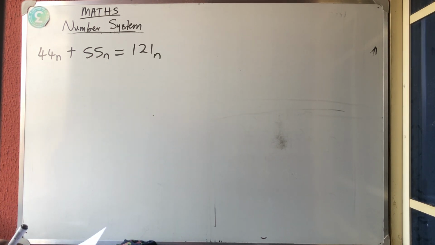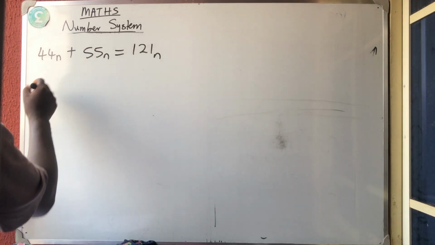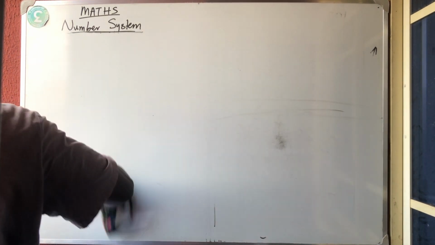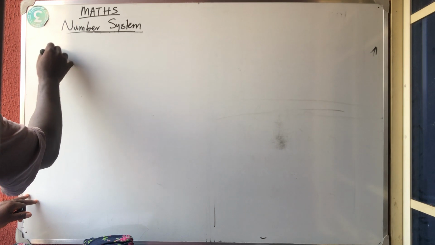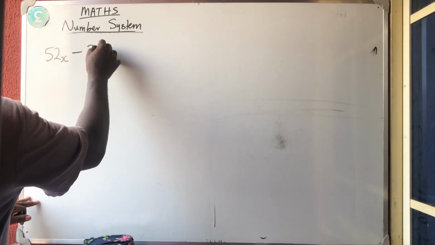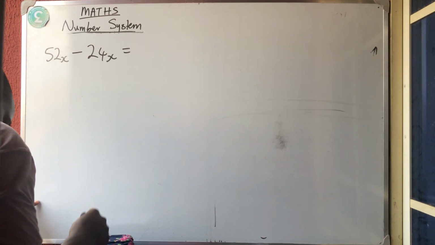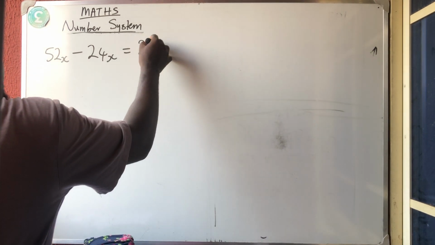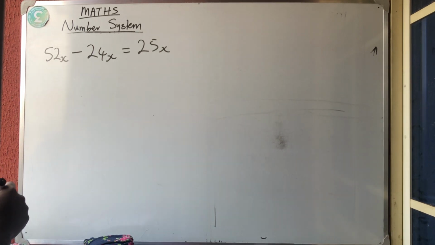Okay, so the next thing we are going to look at is this one. Look at this one. This one said, 52 base x minus 24 base x is equal to 25 base x. Okay, we will try to solve it with the same two ways.